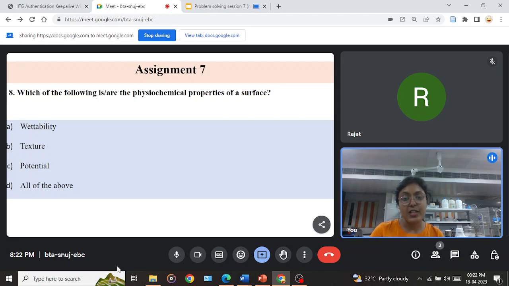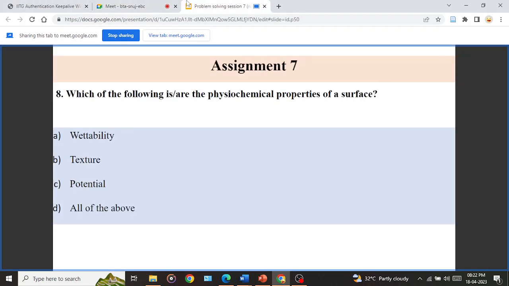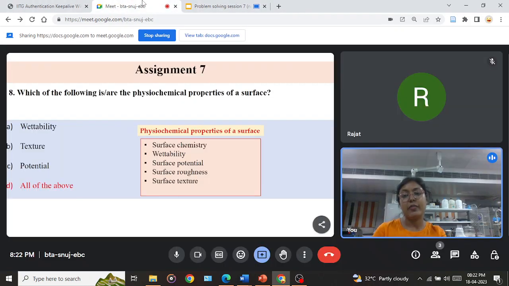Okay, so the physiochemical properties of a surface include all of the above, right? So option D, that is all of the above, is the correct option. So usually these physiochemical properties of a surface involve surface wettability, that is option A. That is defined by the contact angle of the surface, whether it is hydrophobic, hydrophilic, or neutral, right?